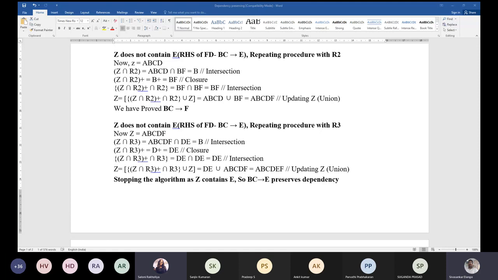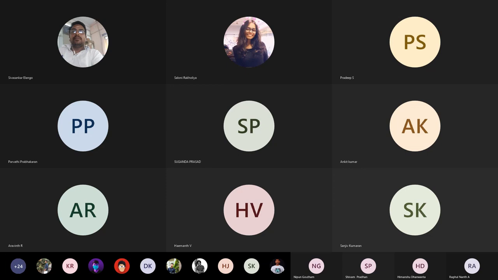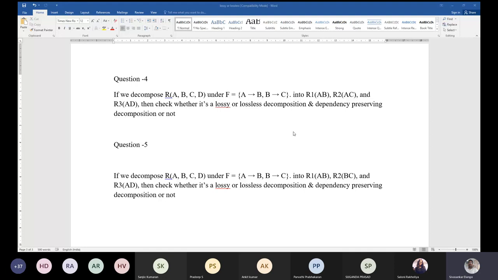So now I think it's time for us to solve some problems and explore whether the functional dependency holds good. So let me share some other document. Right. So I have questions 4 and 5.